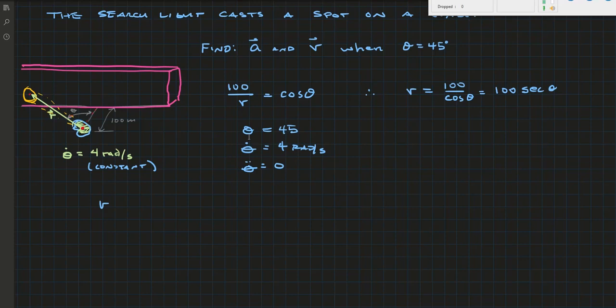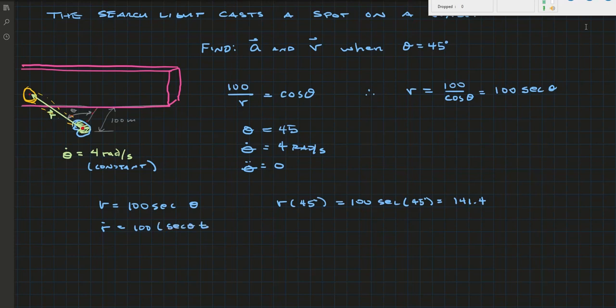So let's see, r equals 100 secant of theta. Therefore, r at 45 degrees equals 100 secant of 45 degrees, which is 141.4. Okay, r dot equals 100 times the derivative of secant, which is secant of theta tangent of theta. But we've got to use the chain rule, d theta dt, or theta dot.